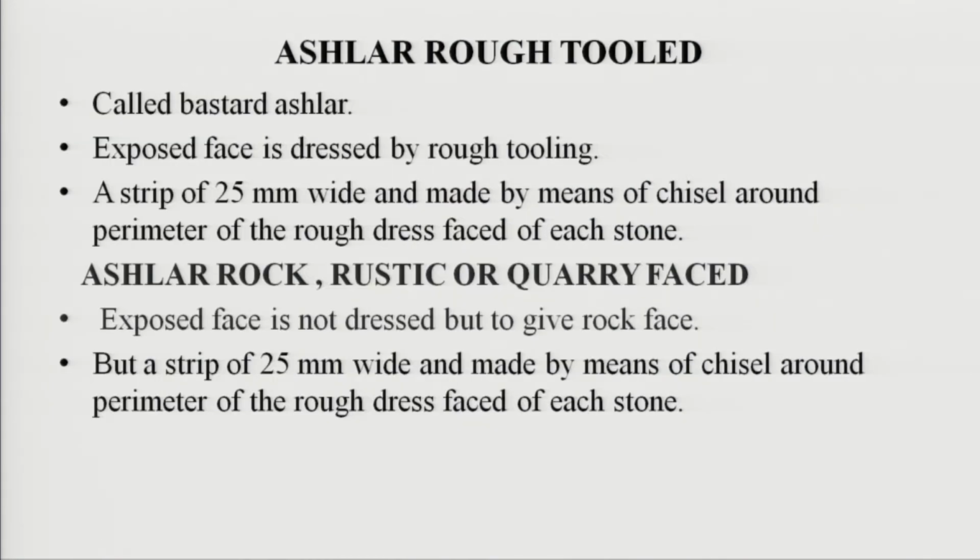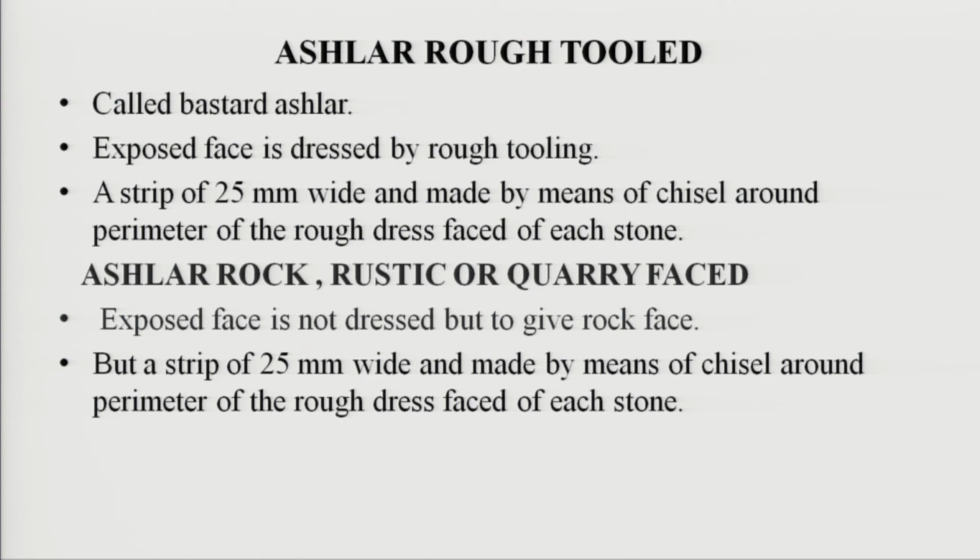ASHLAR rough tooled is called bastard ASHLAR. The exposed face is dressed by a rough tooling. A strip of 25 mm wide is made by means of a chisel around the periphery of the rough dressed face of each stone.